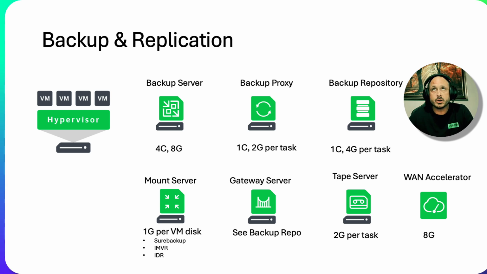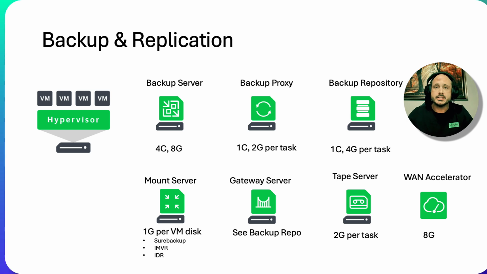We'd recommend somewhere around 50 to 200 as a good balancing act. For the number of concurrently running jobs your Veeam server can handle, we're starting with the 4 cores and 8 gigs of RAM, and then for each additional 10 concurrently running jobs, you need 1 core and 4 gigs of RAM.